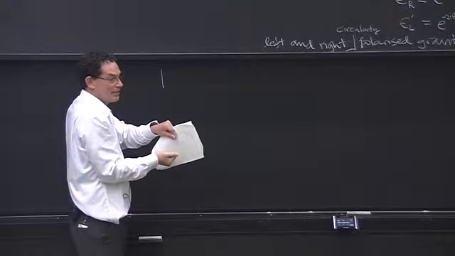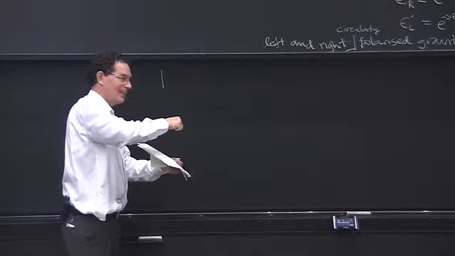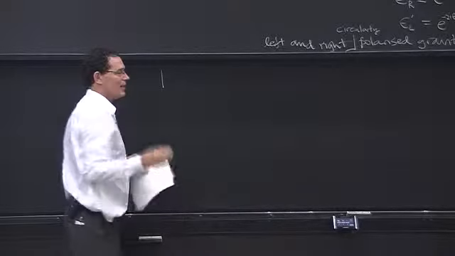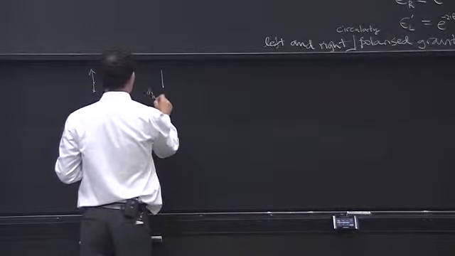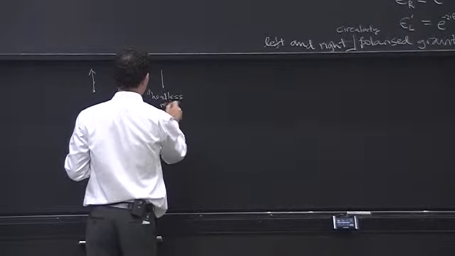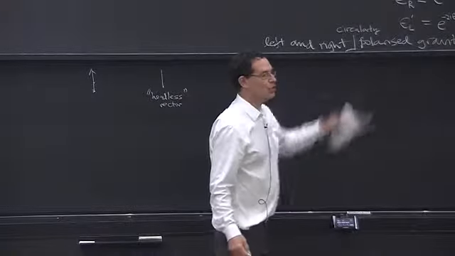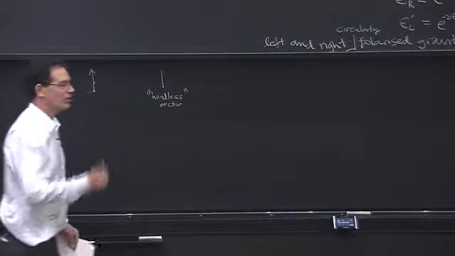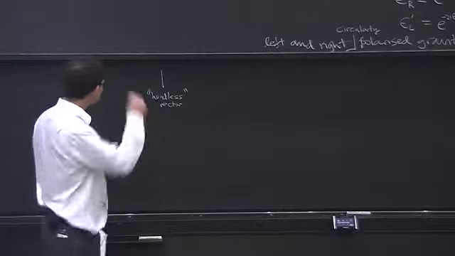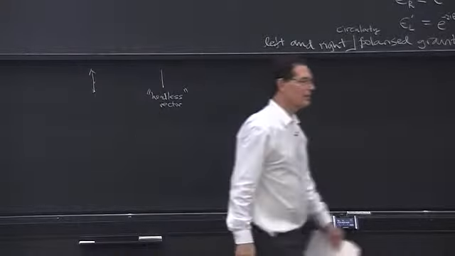It's compressing, and I turn it upside down, it's still compressing. And so this is a headless vector, and a headless vector is a spin 2 representation of the rotation group. So yes, you should think about gravitational waves as headless vectors.